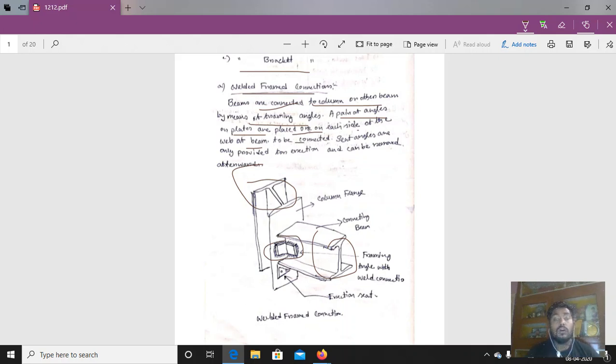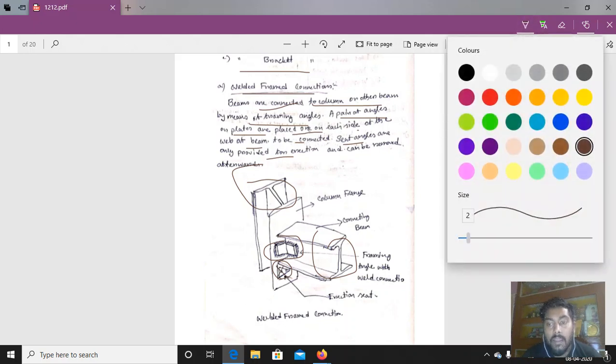Now for extra support, a seat angle needs to be here also. Seat angles are provided only for erection. That means only for placing. When the beam and the column are being connected together in the frame connection, only then the seat angle will be used. But after the erection process is over, that seat will not be here, so it will be removed.